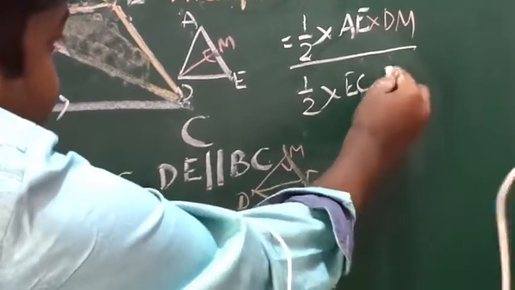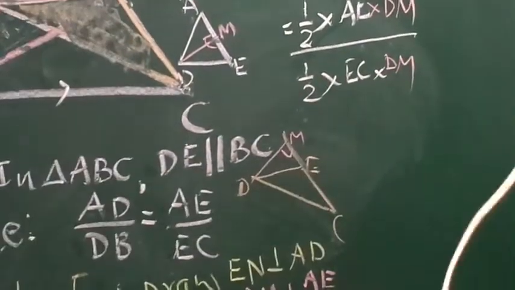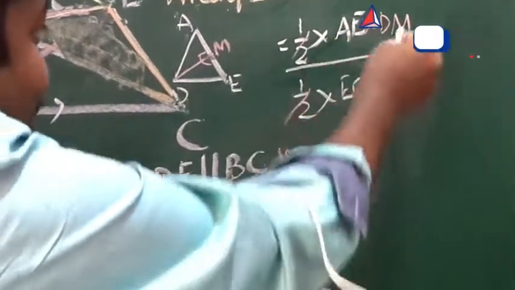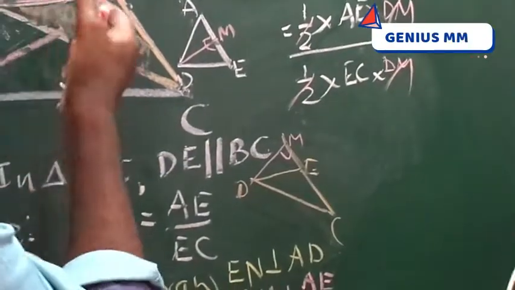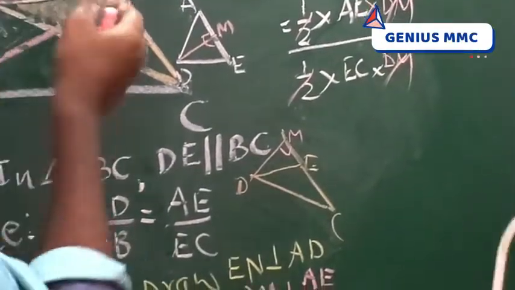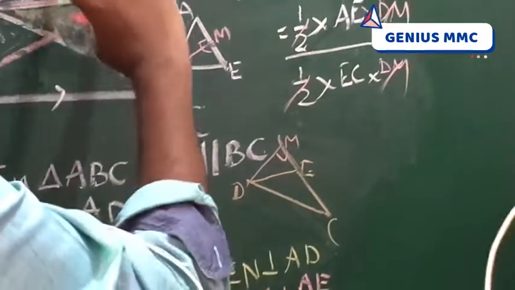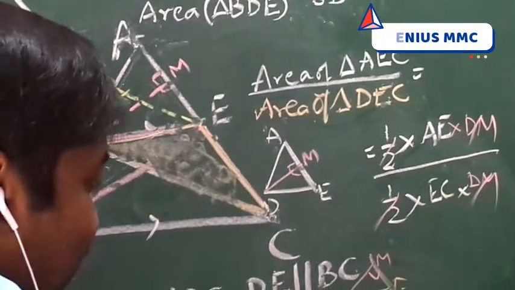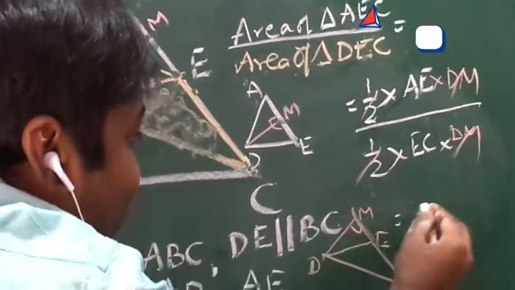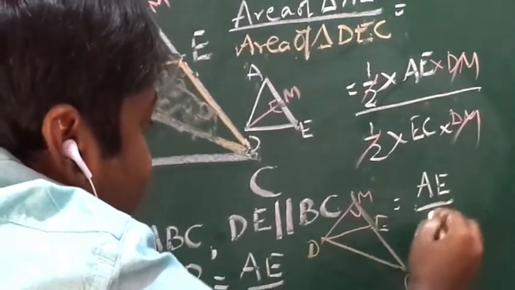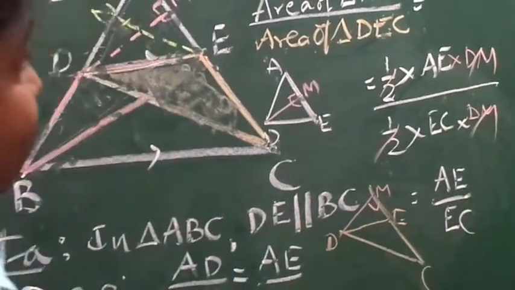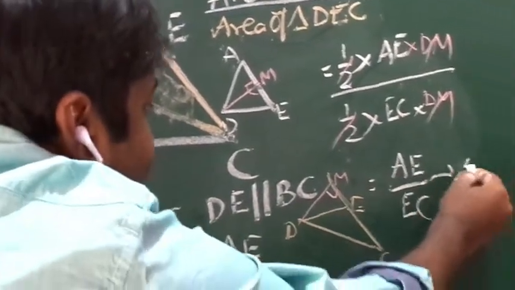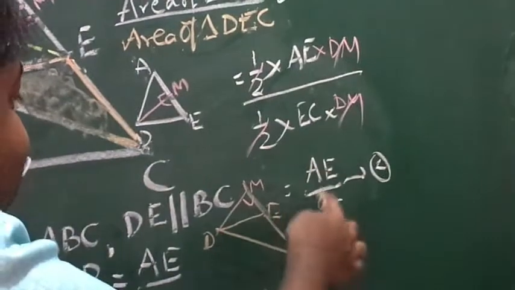DM is the height here also, half into DM. For these two triangles, AED and DEC, DM is the common height. DM cancels. So what is remaining? AE by EC. Now we call this equation 2.